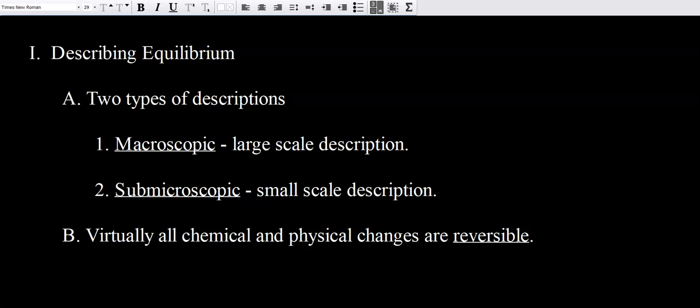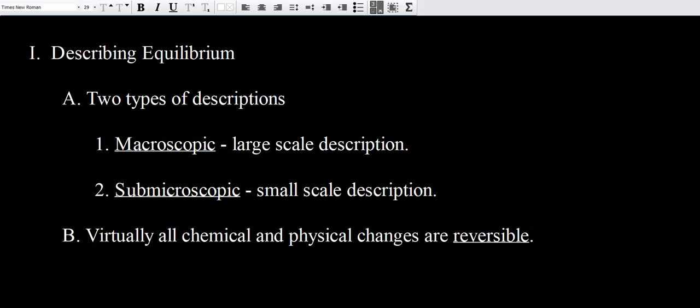All right, so let's talk about what this means, equilibrium. We're going to look at an equilibrium system from two perspectives. One being the macroscopic view. Macroscopic meaning essentially what you can see with your eyes. So what kind of observable changes are occurring to the system that is at equilibrium.